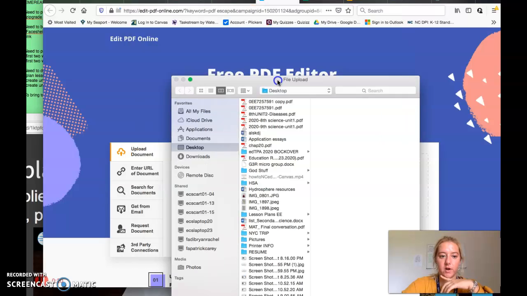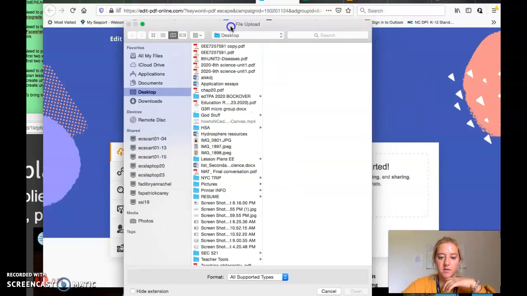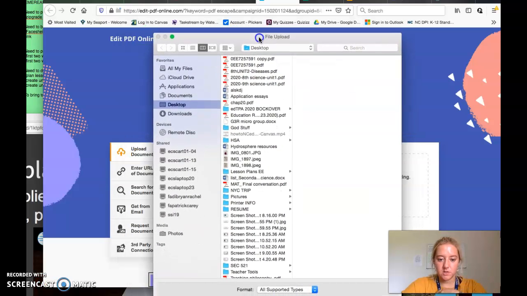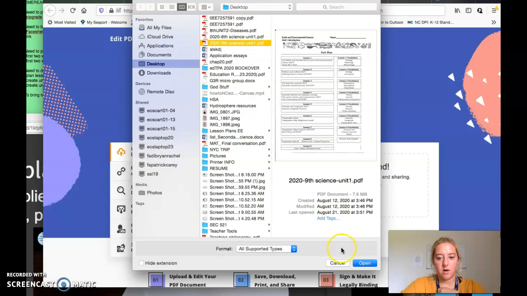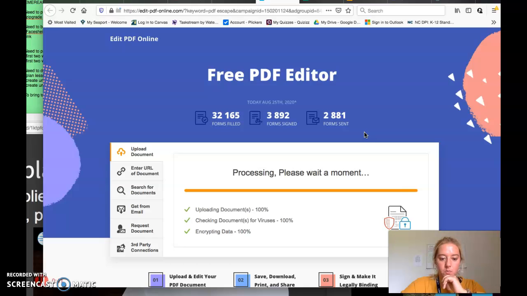So this is our PDF editor. I think PDF Escape is what you look up, but it's also on our announcements in each of our courses. You're going to pick the document that you want to edit. In this case, it is our notebook. Click open. It'll prepare it for you.